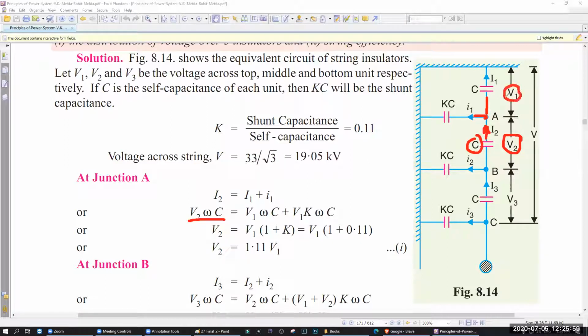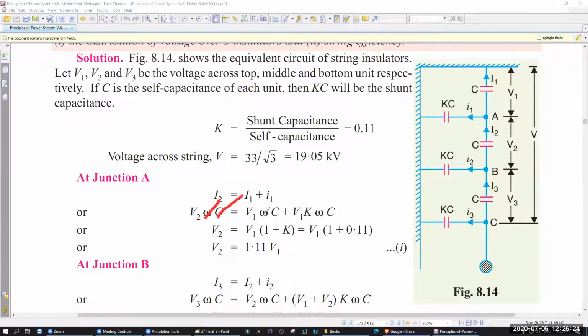V1 omega C. What about the small I1? V1 omega KC. Why V1? Because this voltage is also this voltage. So V2 omega C, V1 omega C, V1 omega KC.